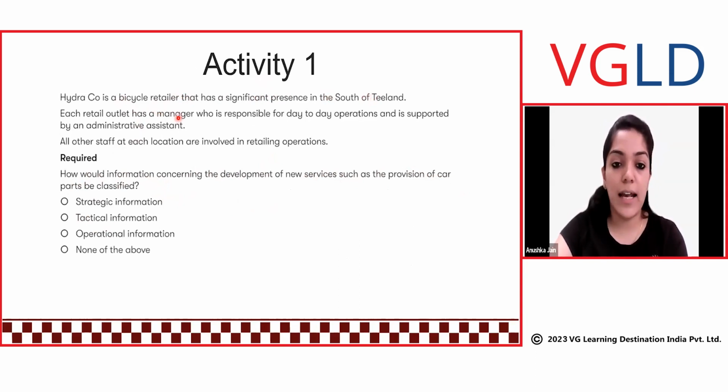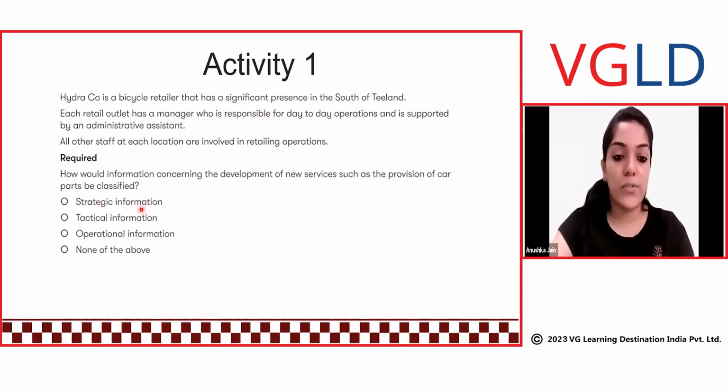Each retail outlet has a manager who is responsible for day-to-day operations and is supported by an administrative assistant. All other staff at each location are involved in retailing operations. How would information concerning the development of new services, such as the provision of car parts, be classified? Will you classify it as strategic, tactical, or operational? Think and answer.